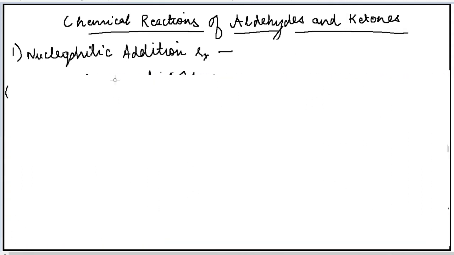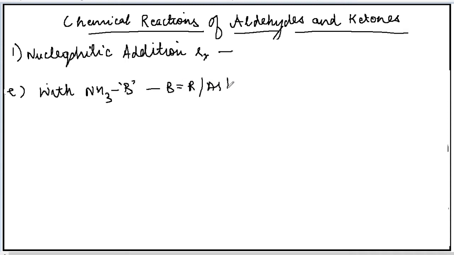So the next reaction of aldehyde and ketone is with derivatives of ammonia. Here B can be your alkyl group, aryl group, NH2, or it can be OH, etc.